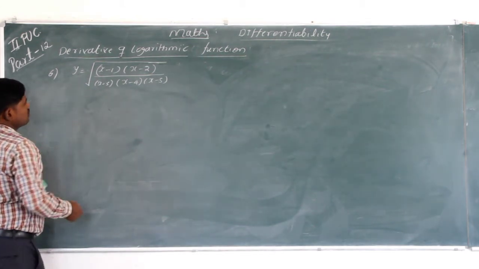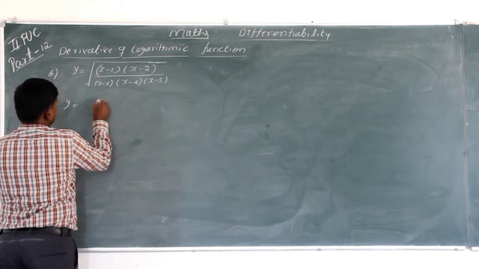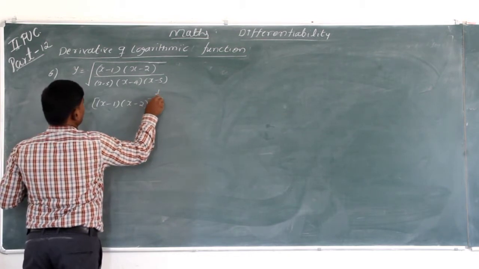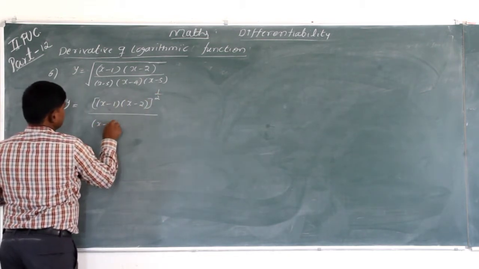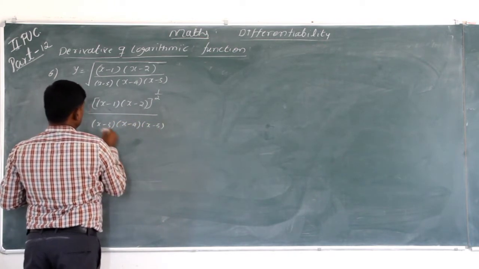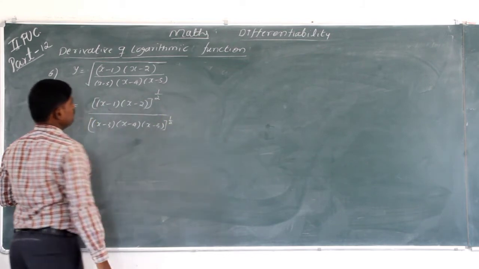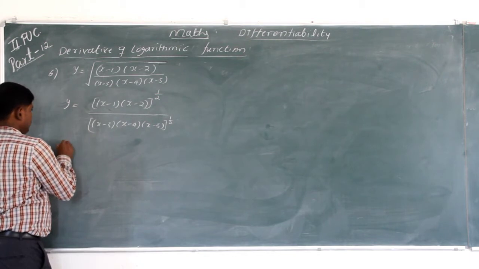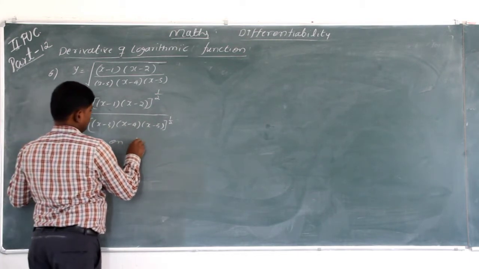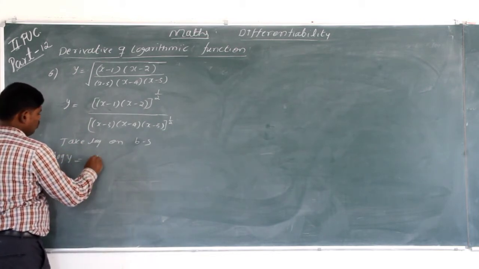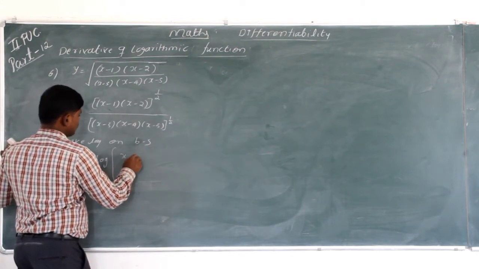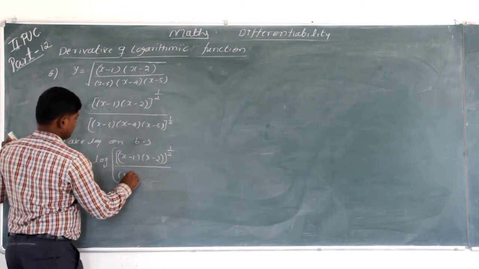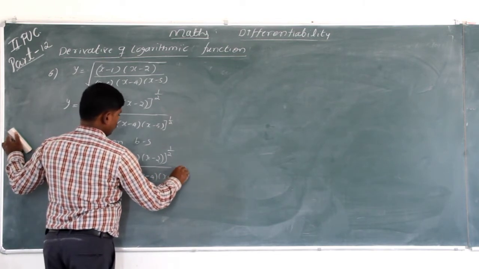So y can be written as x minus 1 into x minus 2 whole to the power of 1 by 2, divided by x minus 3 into x minus 4 into x minus 5 whole to the power of 1 by 2.